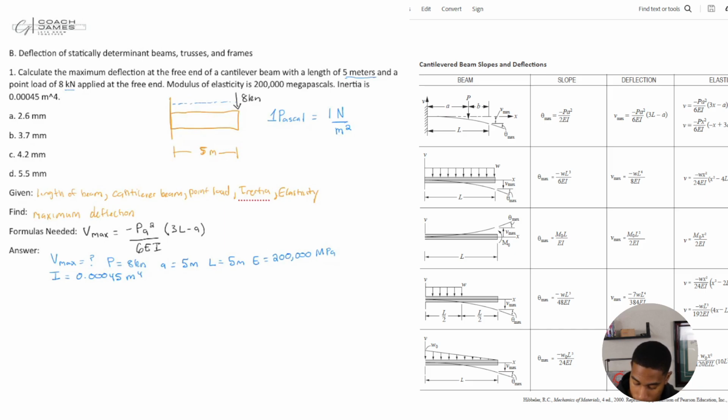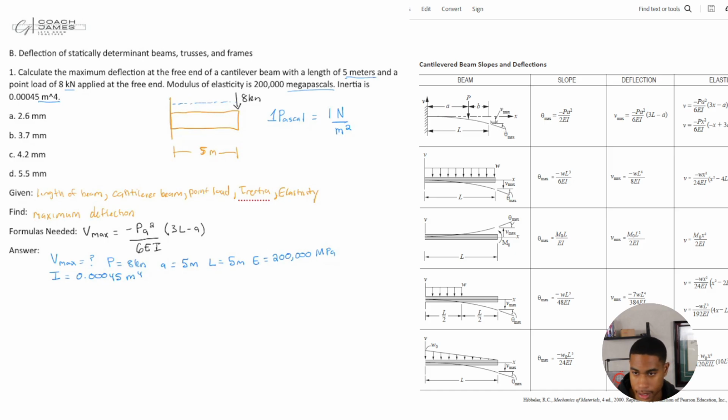So dealing with meters, you're dealing with newtons, and then you're dealing with megapascals too. So to keep everything a little bit simpler, this is meters to the fourth, right? Keep everything simple, just get everything in meters and in newtons. Therefore, your units will be able to cancel, and your Vmax should be, right?